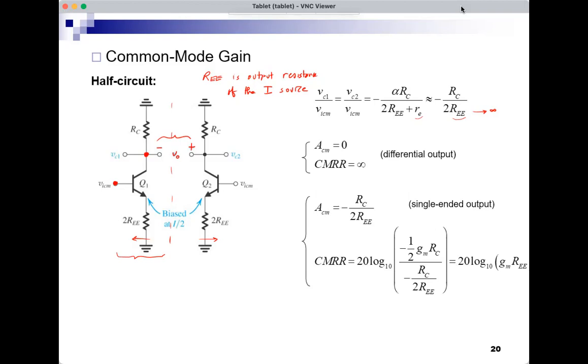The common mode gain is not zero when the output is taken from one collector, and the CMRR is not infinite in this case. But the common mode gain can be made zero if the output is taken differentially, or if the current source is ideal and has an infinite output resistance.